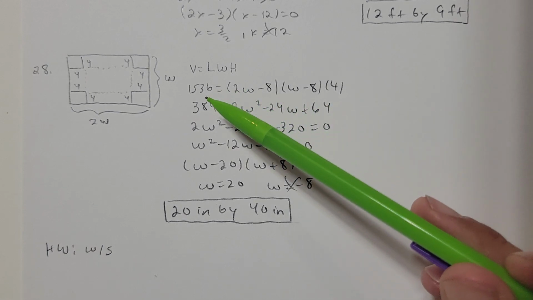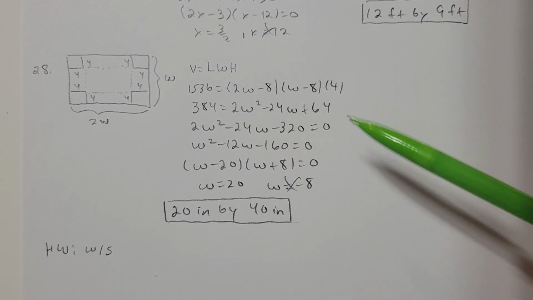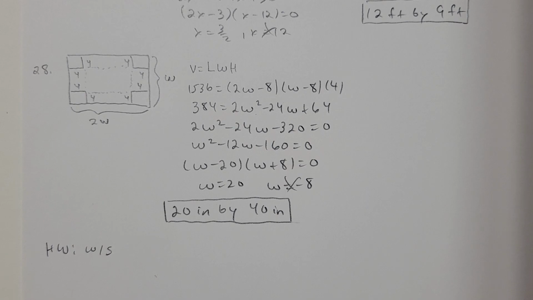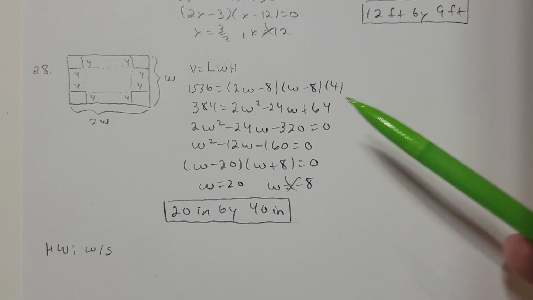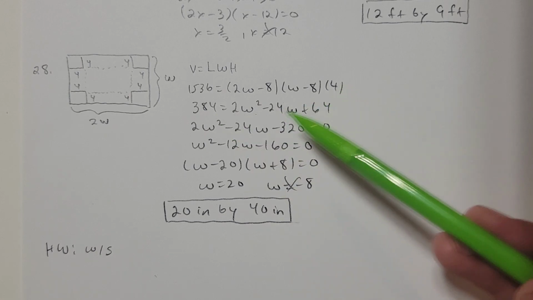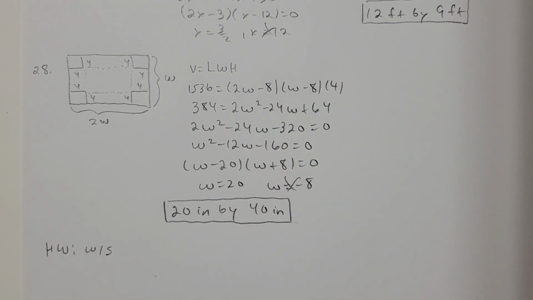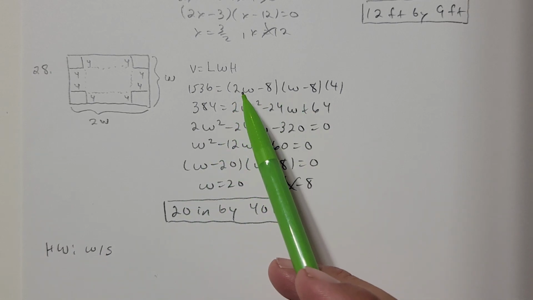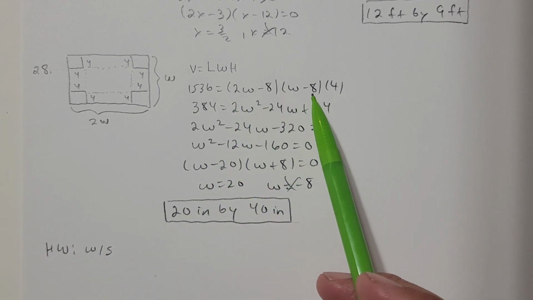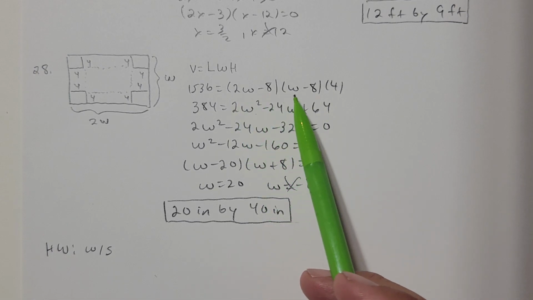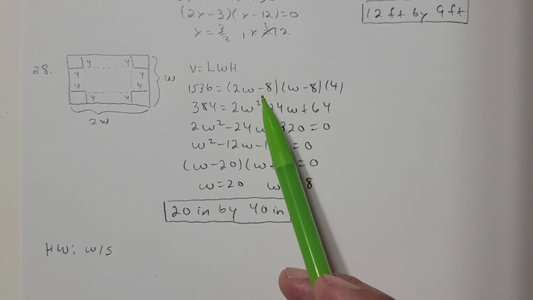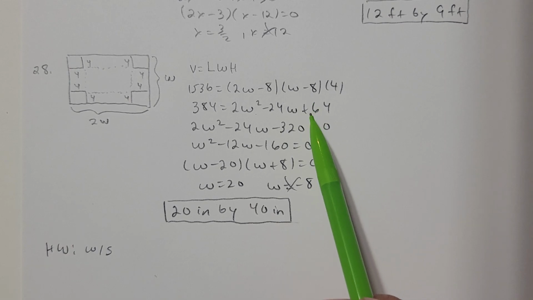So here'd be my setup equation that I have to solve for. And let's go ahead and solve that for W. If we divide by 4 on both sides, 1,536 divided by 4 is 384. And that is equal to, when I FOIL this out, 2W squared, negative 16W minus 8W is minus 24W, and negative 8 times negative 8 is 64 at the end.